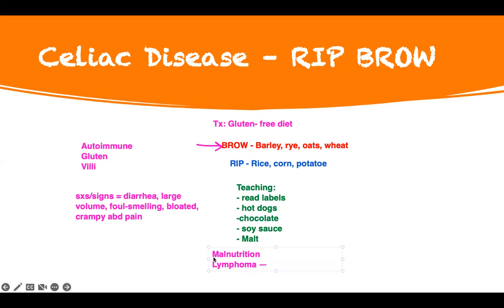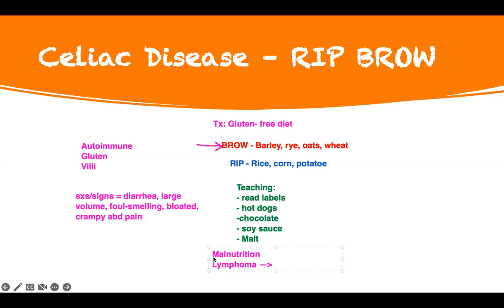Somebody says, how does that happen? Well, in your small bowel, there's a lot of lymphatic and lymphoid tissue that helps with the immune response of your body, the immune response of the gut. That's why your gut is a very immune-responsive area. That's why when you have sepsis, it's really bad.